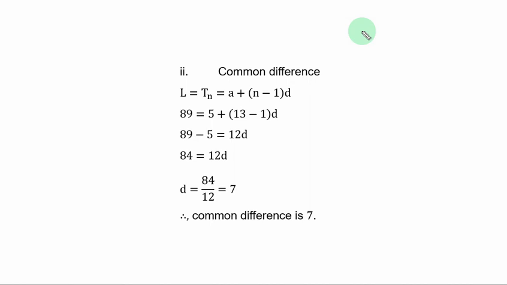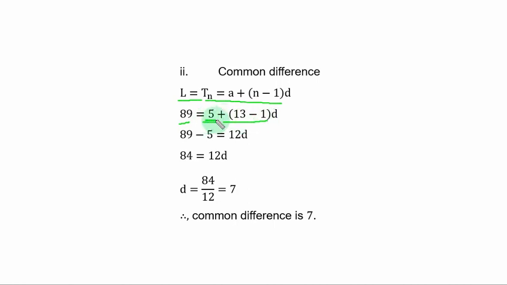Part two, for the common difference, you can use the last term formula. The last term is also the same as the nth term. You have it in this form. The last term, 89, equals the first term 5 plus bracket, number of terms 13 minus 1, bracket close, times the common difference.